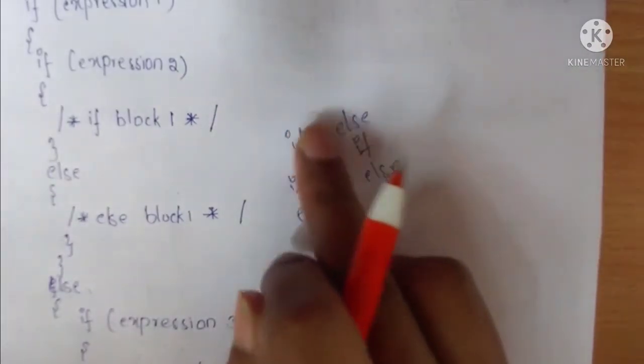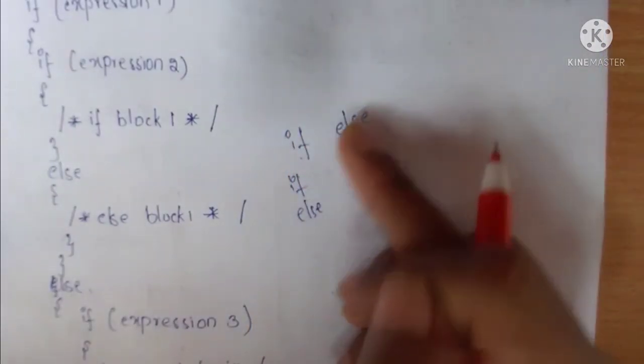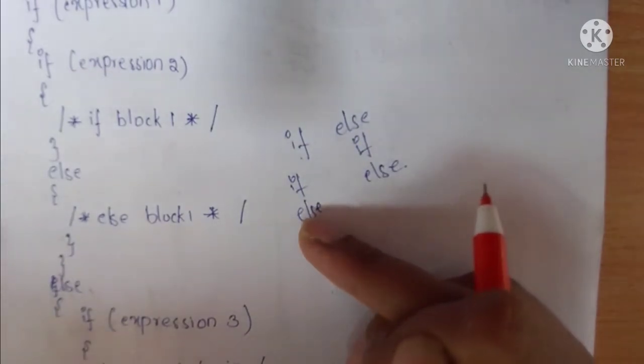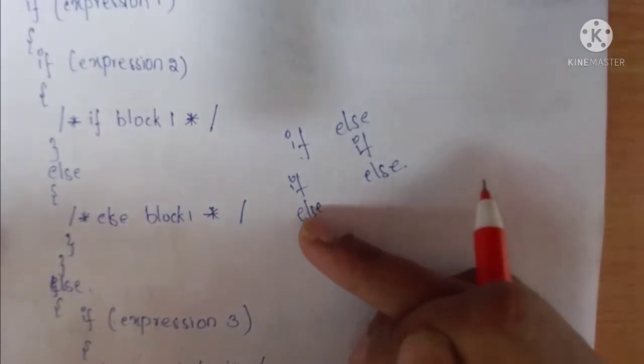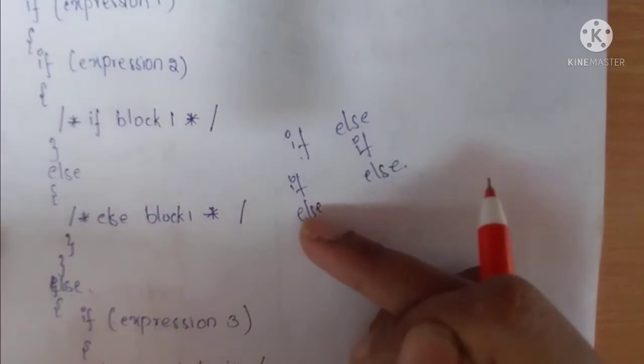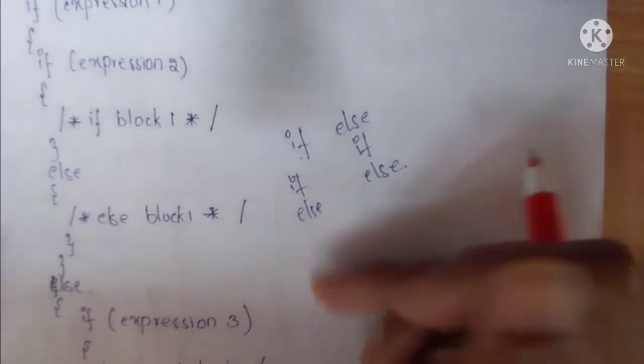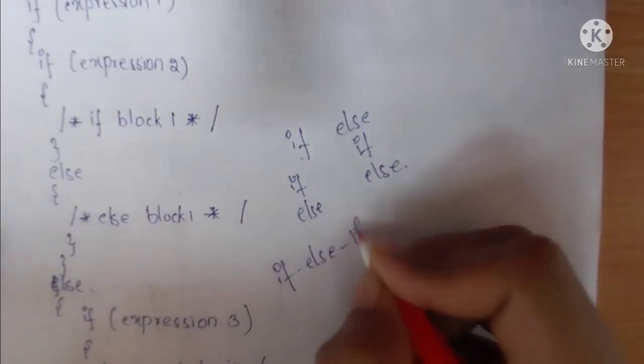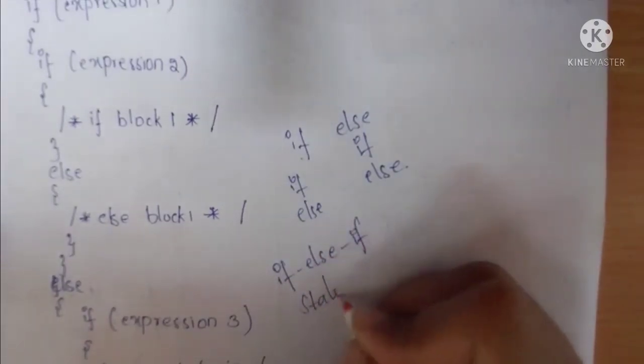This is nothing but in one if else statement we are writing another if else statement. We call it a nested if else statement, or we can also call it an if else if statement. These two are the same.